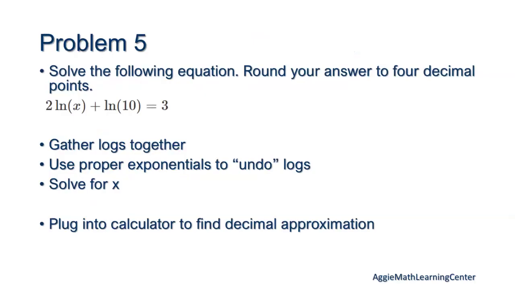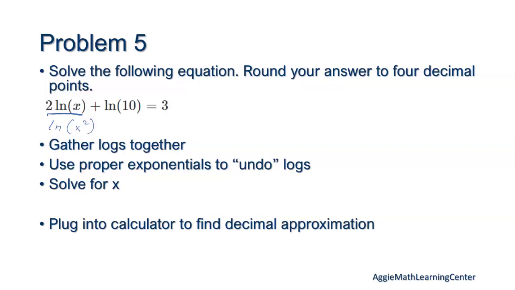So like I said before, gather all the logs together. First off, I see that there's a 2 multiplied with this ln x. And so I can move that 2 inside of that log, and that'll become an ln of x squared.